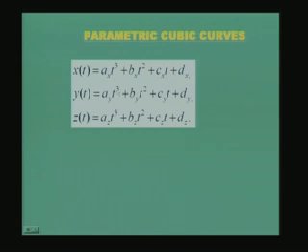Each of these expressions has a linear, second degree and third degree term. So, it is a cubic expression of t as a parameter, and a, b, c, d are the 4 parameters in x, y and z.